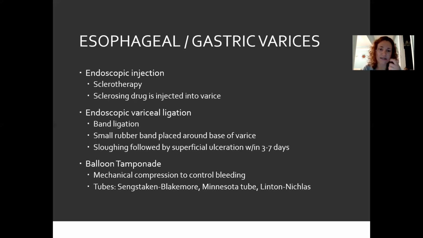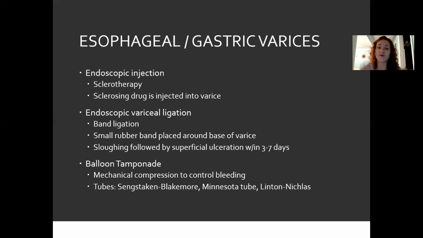Other ways we can treat this are to go in surgically. So we can do endoscopic injection, go in endoscopically, insert the tube and the camera through their mouth, and then do something called sclerotherapy, where we inject a sclerosing drug into the varice, which will cause the bleeding to stop.